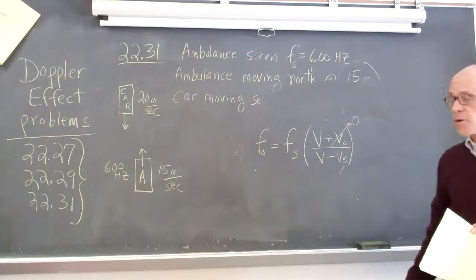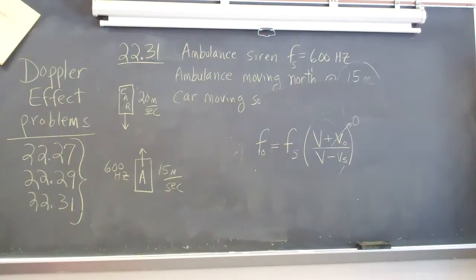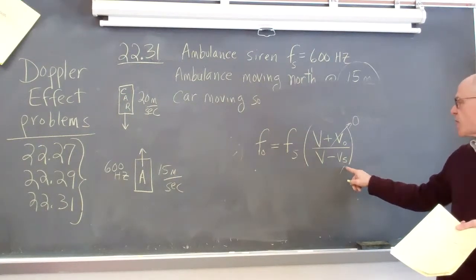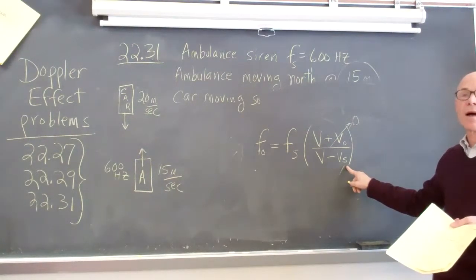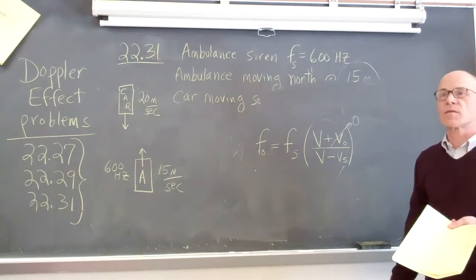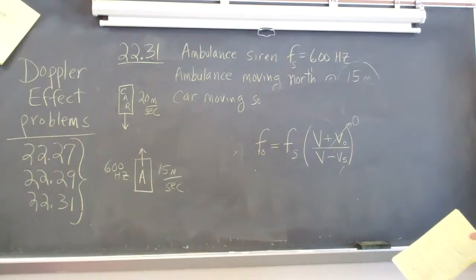You can see that it's going to require some algebraic manipulation to get that equation into the right form to solve for that. The other part is that you have to be careful to get the correct sign, because we know the sign convention is positive approaching, negative moving away.